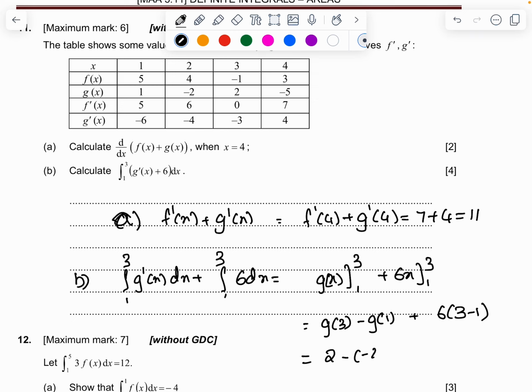G of 3 is 2 and g of 1 is 1. So 2 minus 1 plus 6 times 3 minus 1 is nothing but 12. So the final answer is going to be 13.